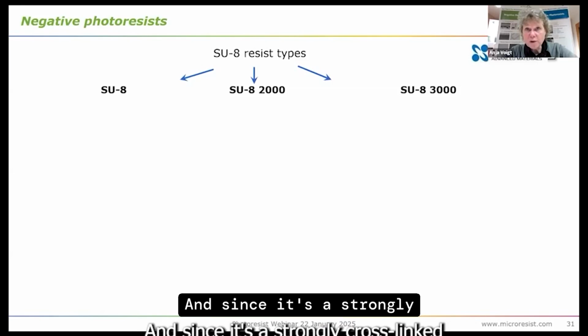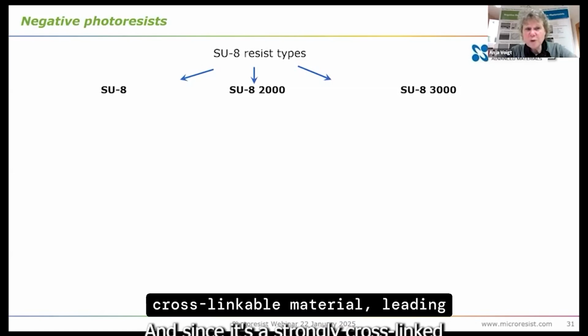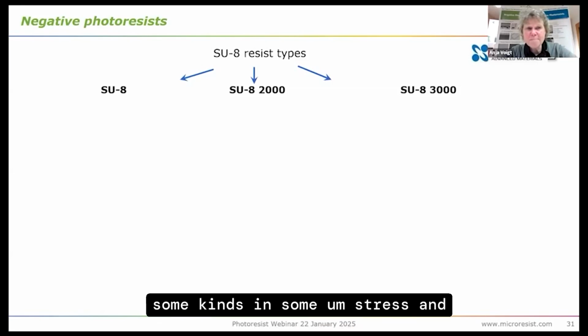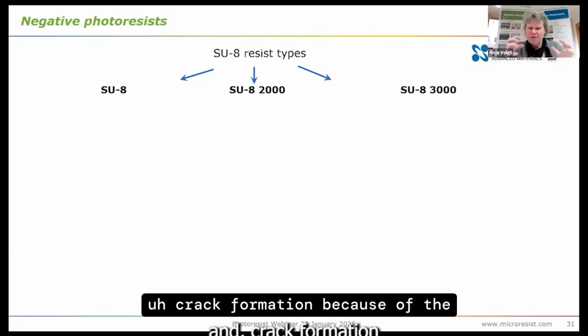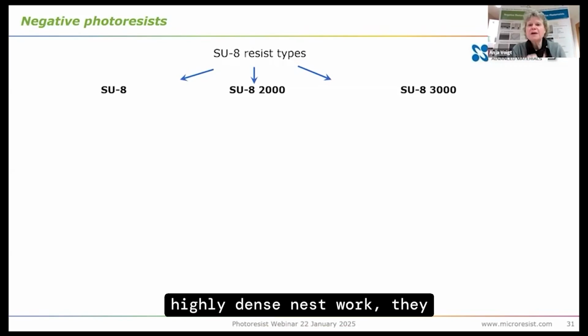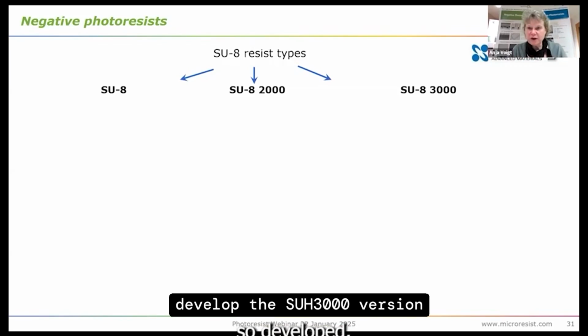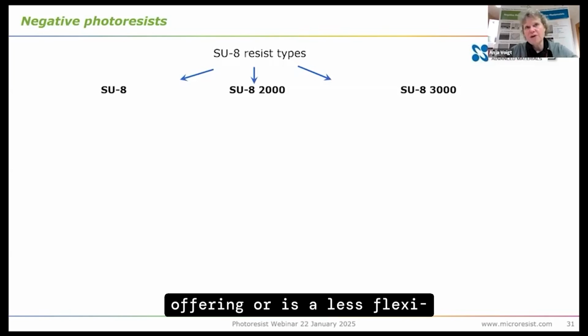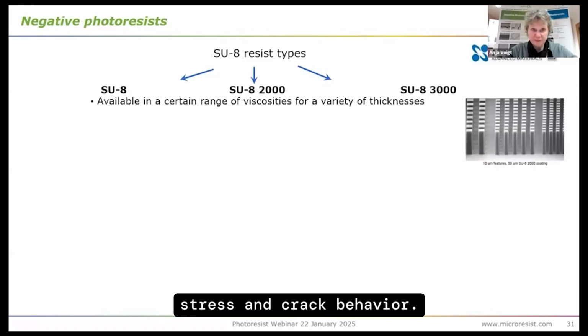And since it's a strongly cross-linkable material, leading to some stress and crack formation because of the highly dense network, they developed the SU8 3000 version, a more flexibilized version with less stress and crack behavior.